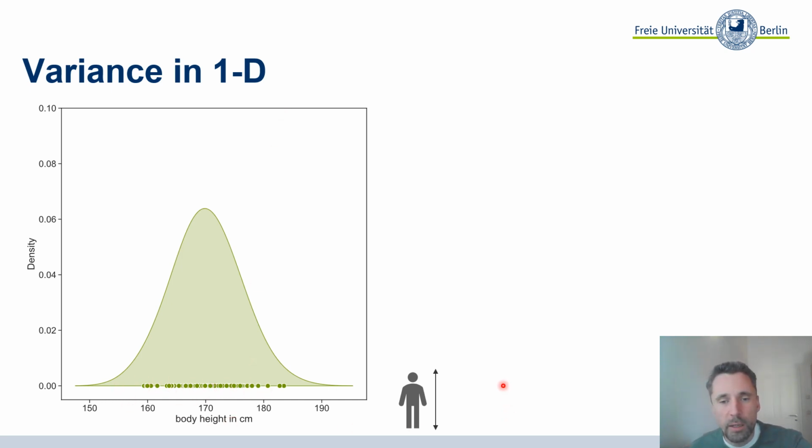So for example, look at the height of, let's say, female humans, and then the data points may look like this. So a distribution that varies between small people and huge people, and then obviously most of those values are here, let's say at 170 centimeters.